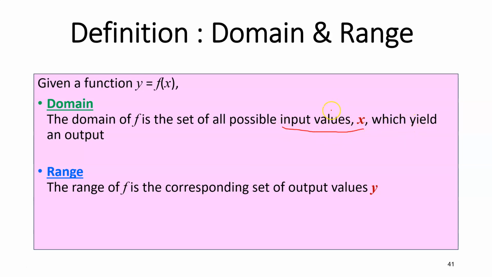Yang mana bila nanti you ganti masuk this value, input dia ni, you akan menghasilkan satu output. And that output will call as range. The range of f is the corresponding set of output values y. Bila you dah ganti masuk set x ni, value x ni ke dalam satu function, you akan dapat jawapan. That jawapan is actually the range.